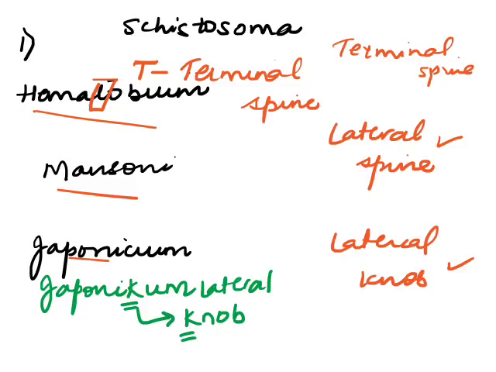Now we have only one left, that is lateral spine. Mansoni, S, has a spine, a lateral spine. So easy way: haematobium T, terminal spine; Japonicum K, knob, lateral; Mansoni S, spine, lateral. So that was about Schistosoma.